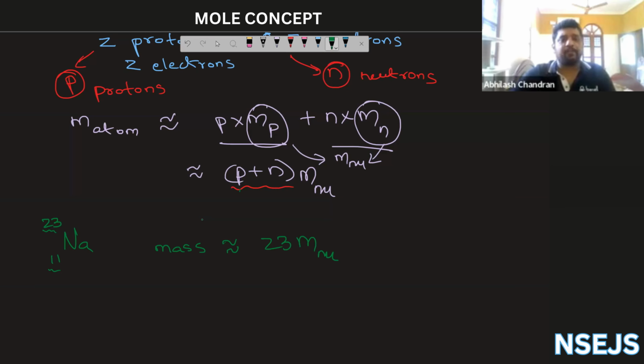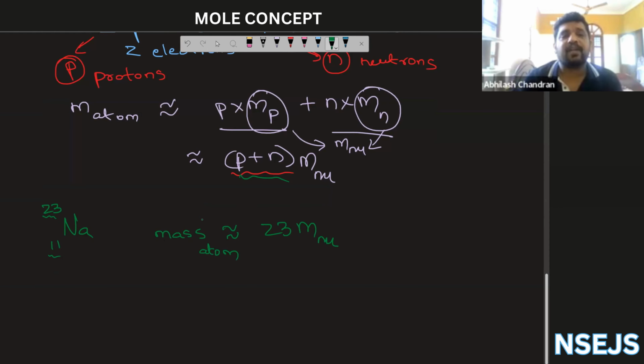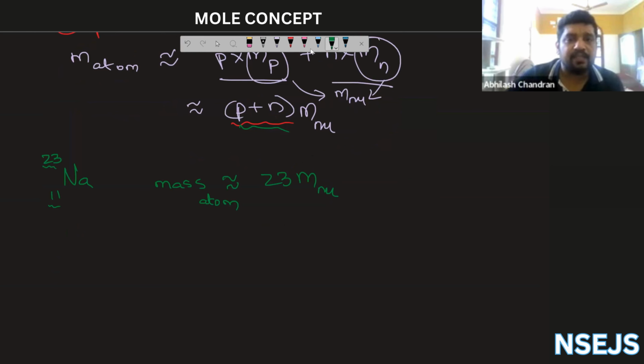This is what we are saying: N plus P times the mass of a nucleon will be the mass of one atom. Of course, if I try to calculate this, it will be equal to 23 into 1.67 into 10 to the power minus 27 kg, or minus 24 grams.